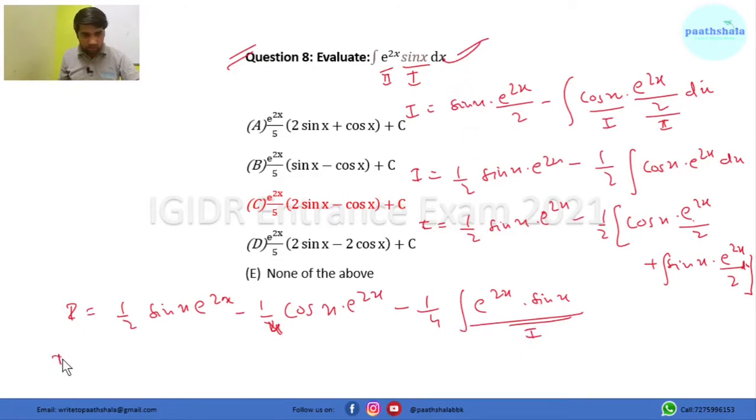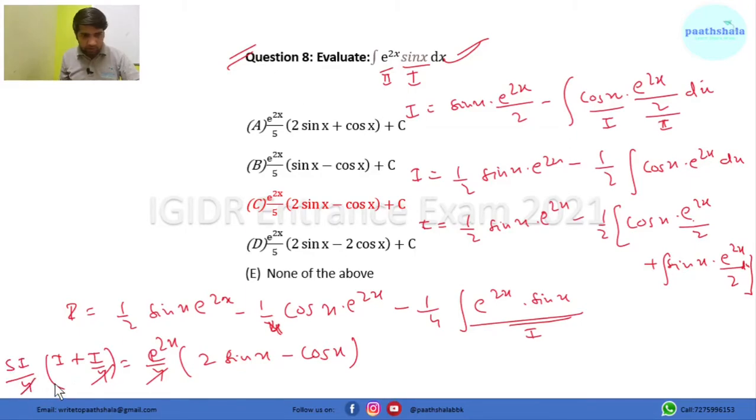If we transfer this to the left hand side, this will become I plus I by 4. Now let's take half as common, so this will become 2 sin, and also we can take e to the power 2x as common, so this will become 2 sin x minus cos x. So 4 and 4 get cancelled, and on this side this will become 5I by 4.